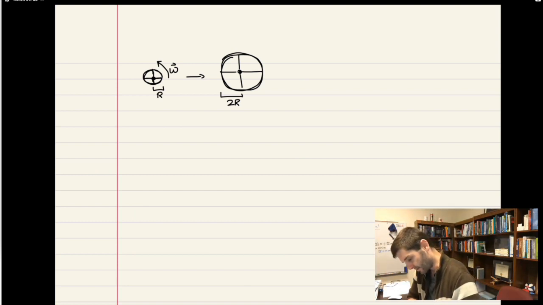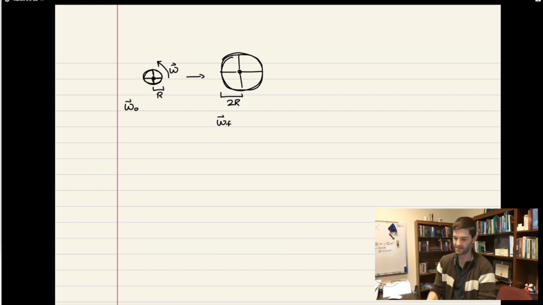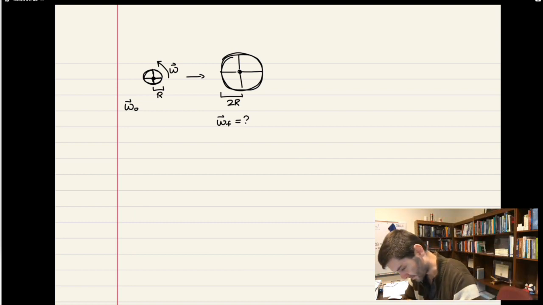It then deploys its arms, say, perhaps it's a telescoping kind of setup, where it can expand to be a space station that has some larger radius. So suppose this is a radius r, and it expands to have a radius of 2r.